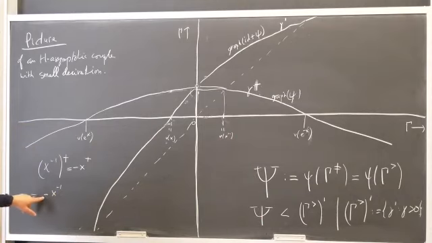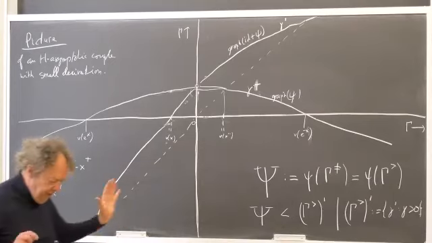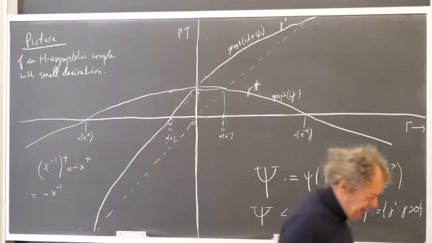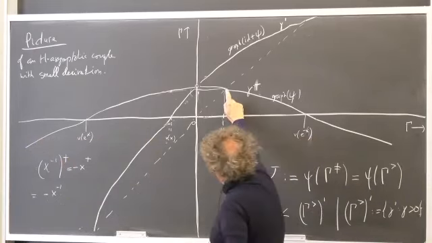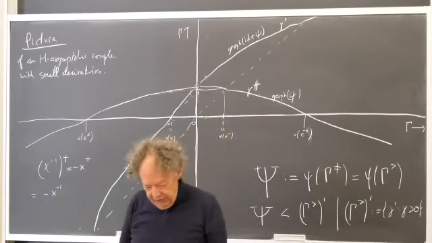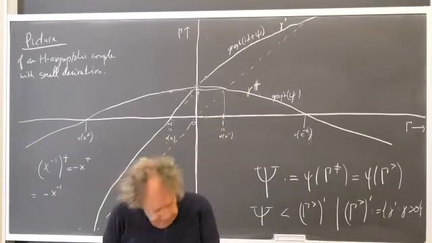Of course the minus sign doesn't make any difference for the valuation. So the valuation of this thing is the psi of the valuation of this thing, and since x, 1 over x and minus 1 over x have the same valuation, you do have a fixed point there.